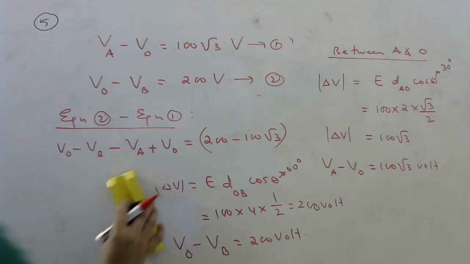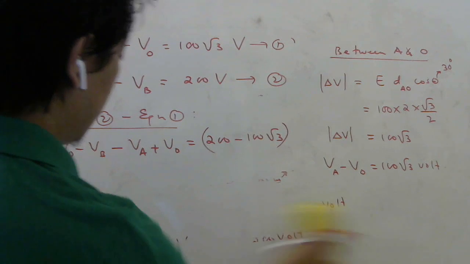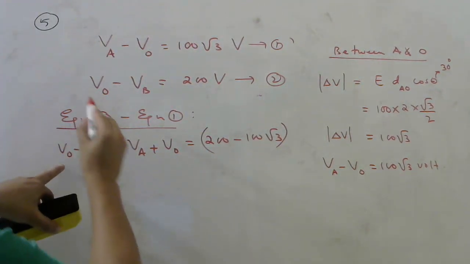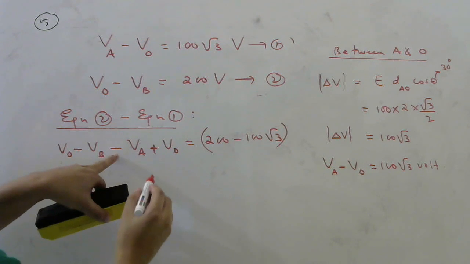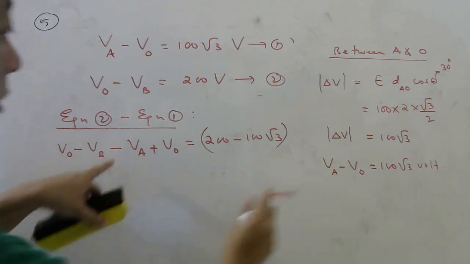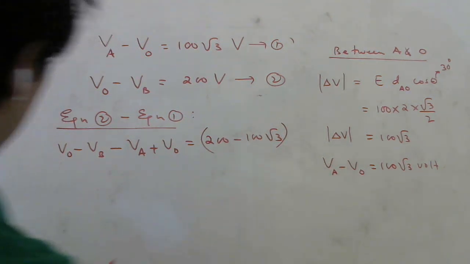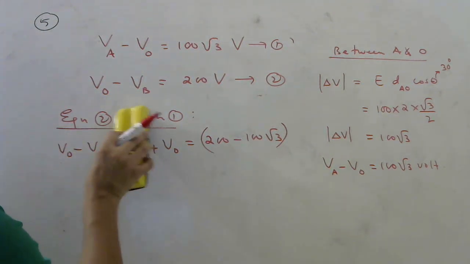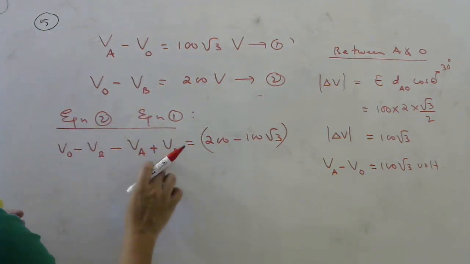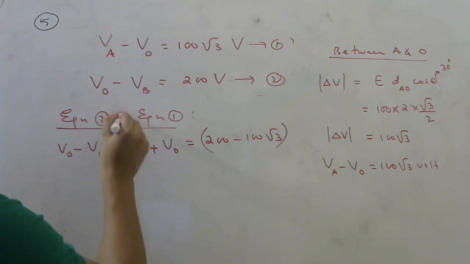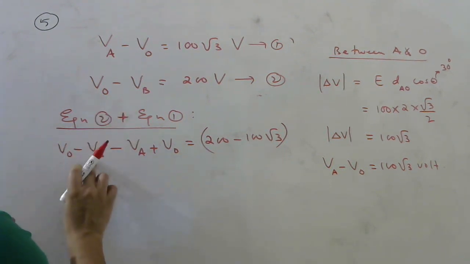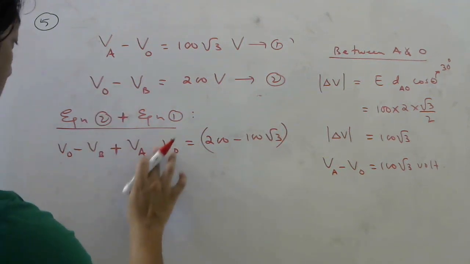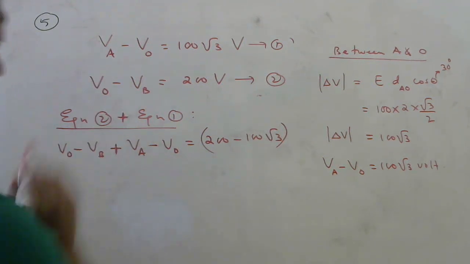Okay. So you can see VO will cancel. Did I do it correctly? VO minus VB minus, this was VA minus VO, right? Here I wrote VO minus VB. So let us not subtract, let us add, because then it will not cancel. If you add, see what you will get: VO minus VB plus VA minus VO. So you have to add, okay?